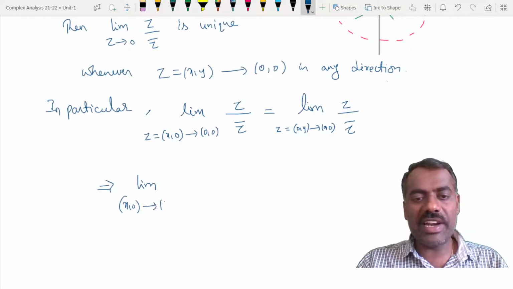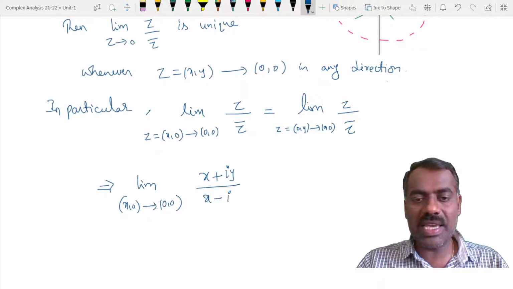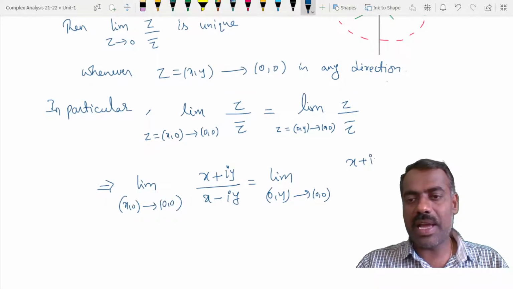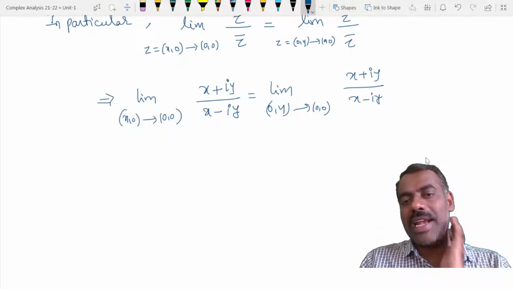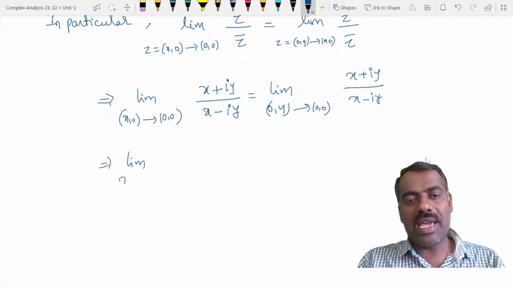So this is the same as finding, if you write z, which is x plus iy, and this is x minus iy, right? Similarly, this is 0 comma y tending to 0 comma 0, this is x plus iy upon x minus iy. On the left hand side y value is 0 and on the right hand side x value is 0, and on the left hand side it is the same as x tending to 0.